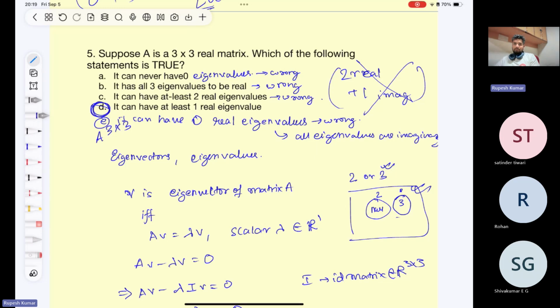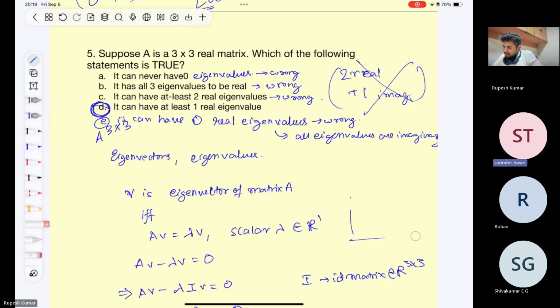I don't want everyone to pay attention to this, because it is dependent on the question problem setter. So, Satinder, what are you trying to ask? I was not asking, I'm telling that when we are considering at least two, in that case the at least two real scenario will never come.